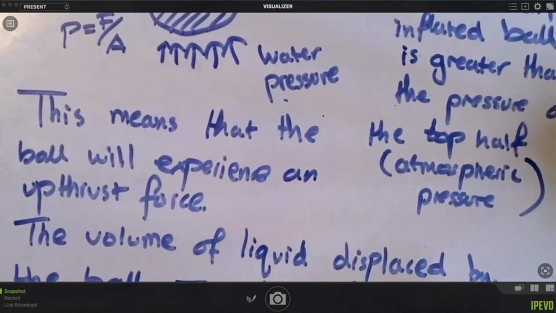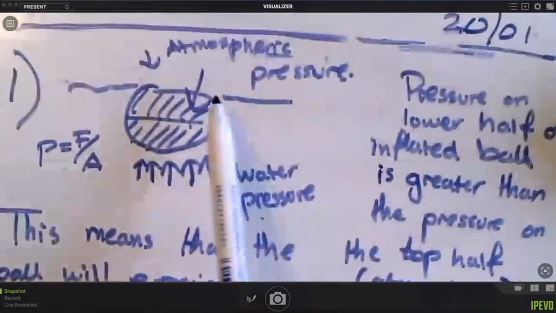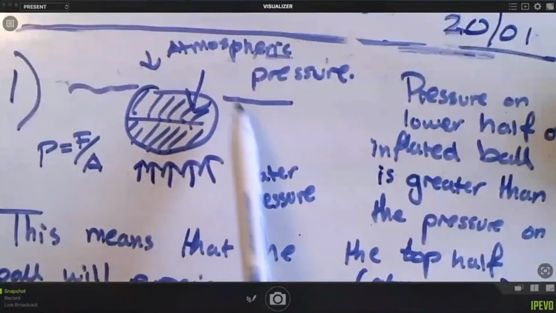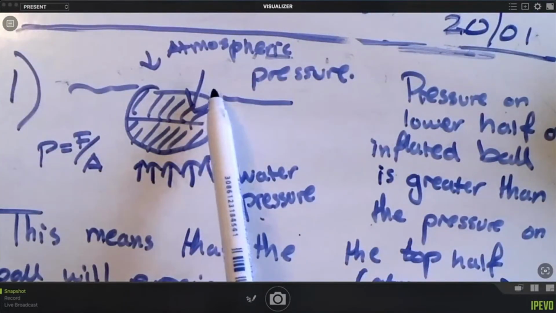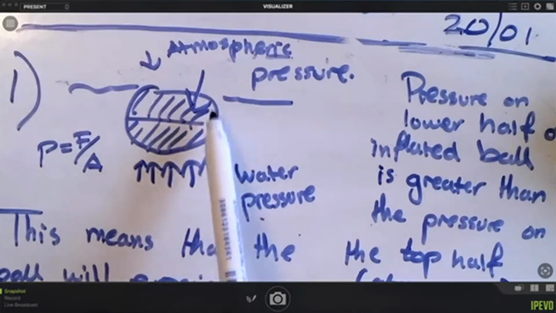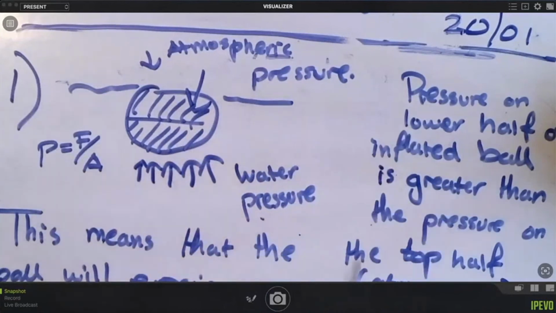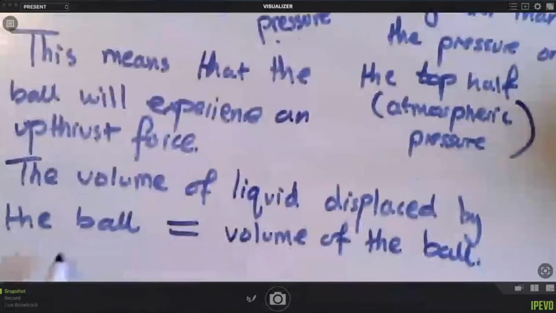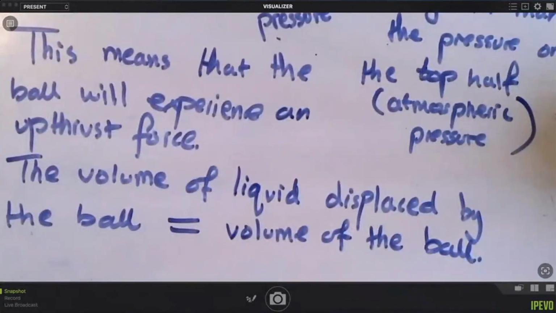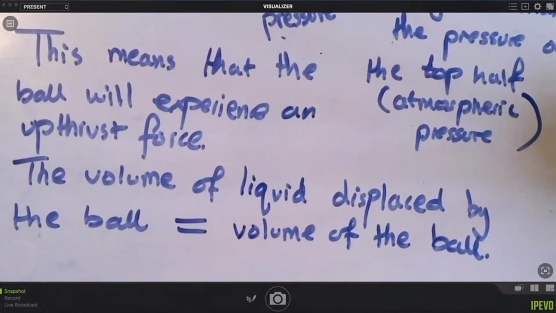Okay, because the question has told us it is fully immersed, but they're saying why is it difficult to fully immerse it? Well, we know that if it has been fully immersed, it has displaced the same amount of volume that the object is. Okay, so that's all we've stated there. Okay, so jot that down.